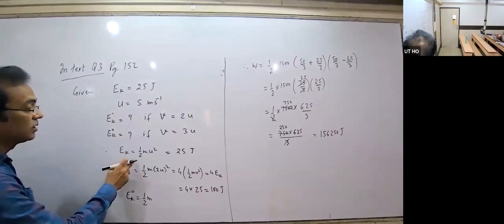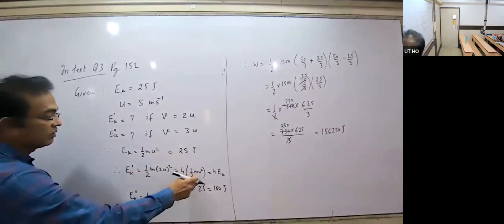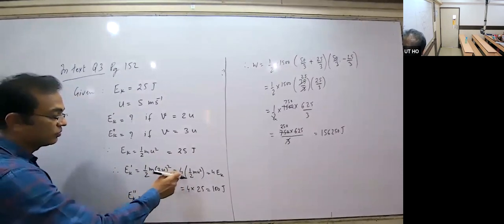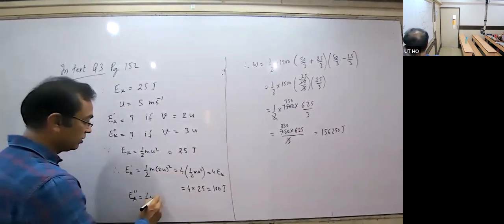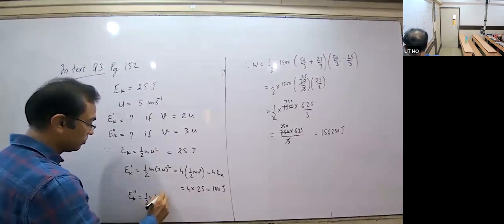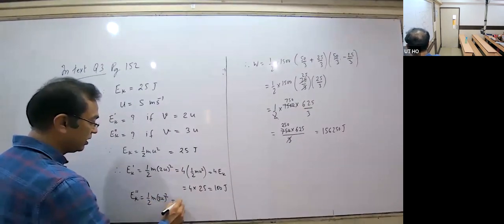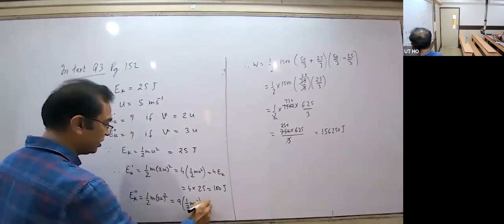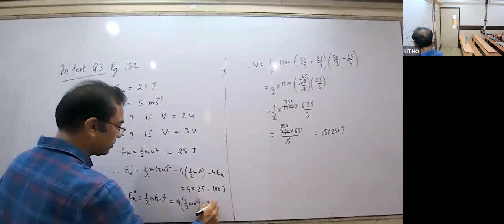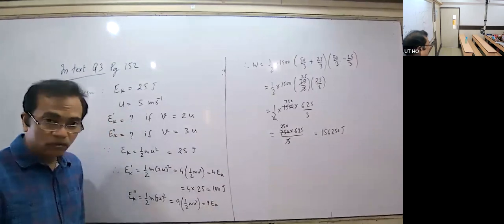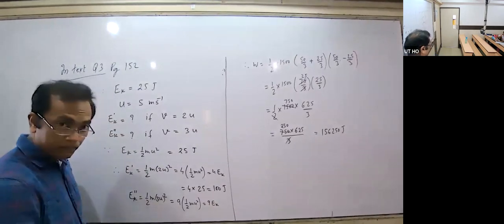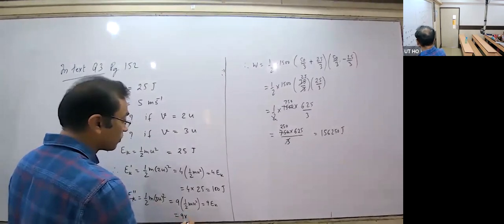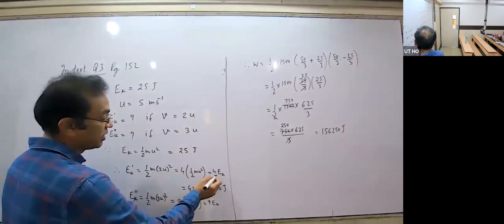Because what is EK? Half mv square. And (2U) square is 4U square. So taking 4 out, what will happen here? 3U square, so this will be 9 times half mv square, which is 9 times EK, which is 9 into 25. When the velocity is doubled, the energy will be 4 times.